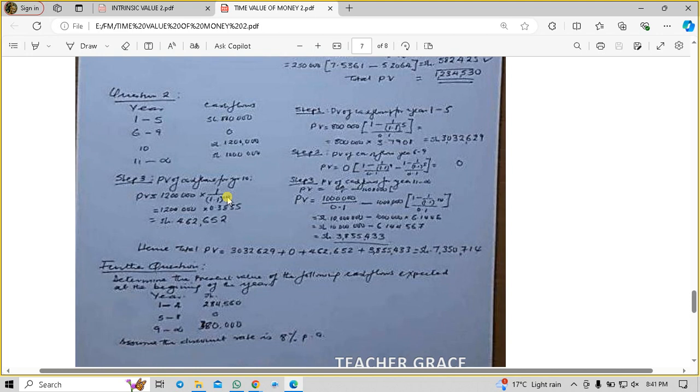Itakuwa different. What if you subtract power 9? I hope we are together. Ama tumepoteza kila mtu. We are just discussing on this part.